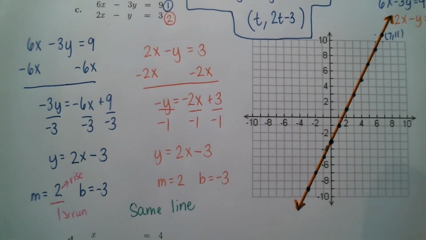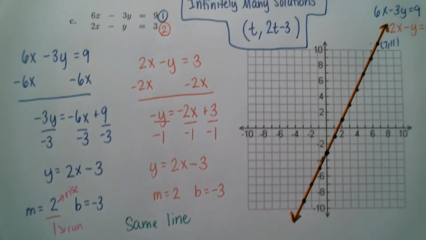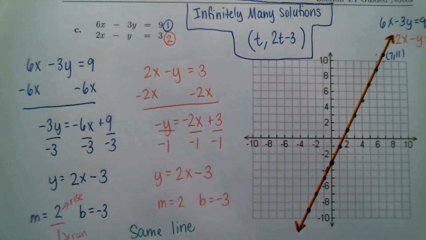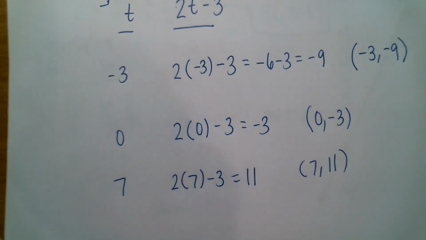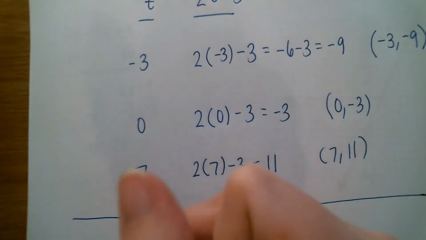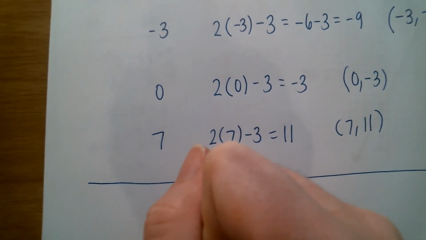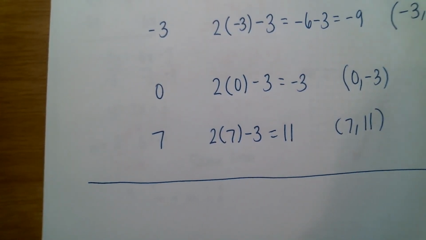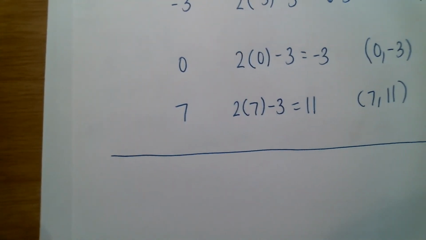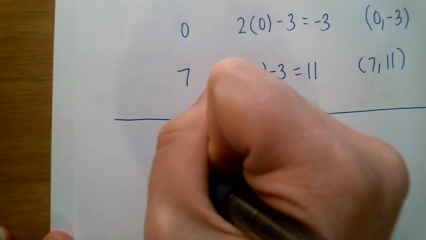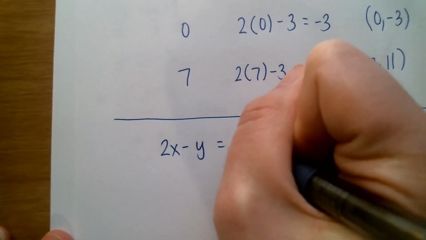I do want to mention, since I've got you on this example, remember I told you to take one of the equations and solve for one of the variables, and we had already done the work where it was solved for y, but you could have solved it for x. Again, they're the same equation, so just pick one. I'll pick 2x minus y equals 3.